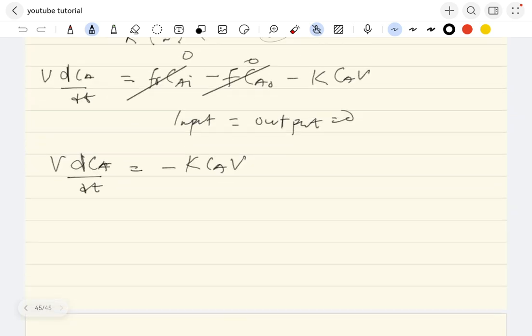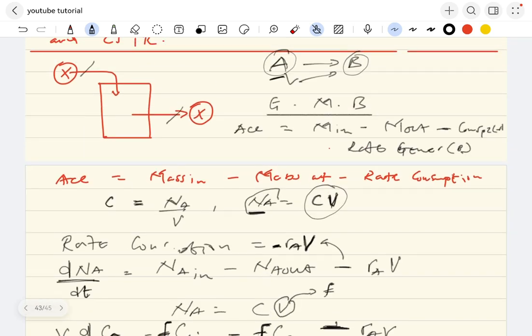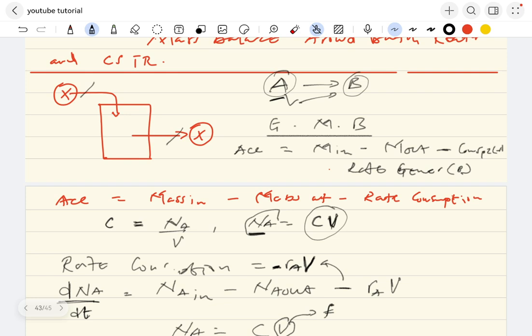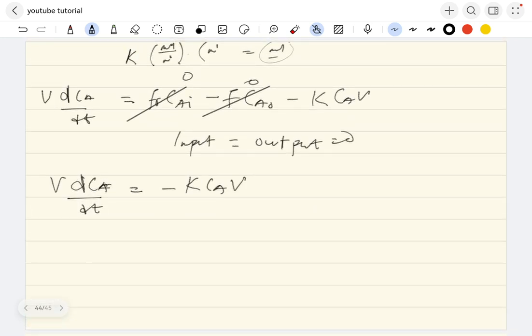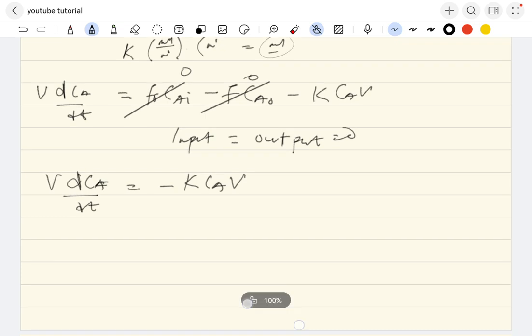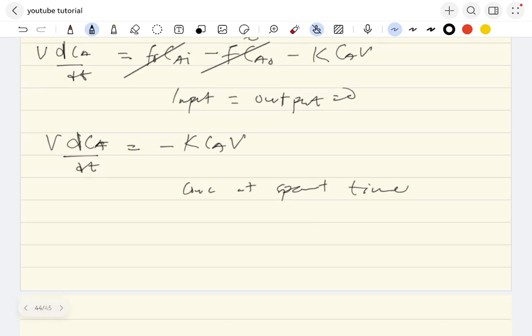So because for a batch reactor, we'll feed everything and leave it for some time and come and check our product. So to get the concentration at a specific time, we need to rearrange the equation and integrate. So from here, we can see the volume will go. You understand?